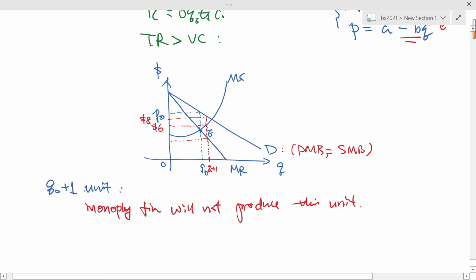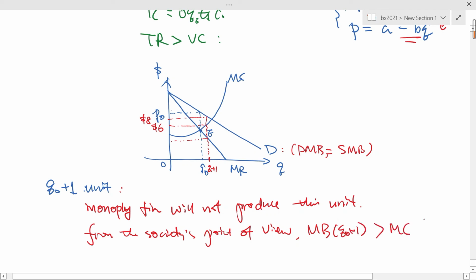So we see that from society's point of view, the marginal benefit of this QO plus 1 unit is bigger than the marginal cost of this unit. So it's a yes. We should produce.